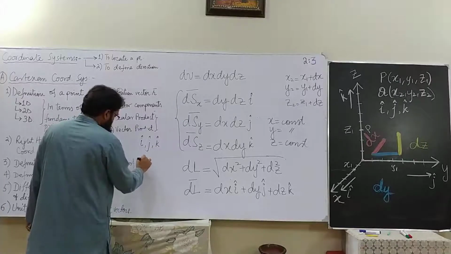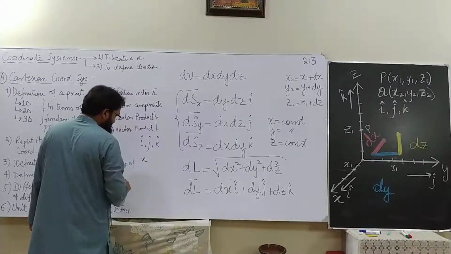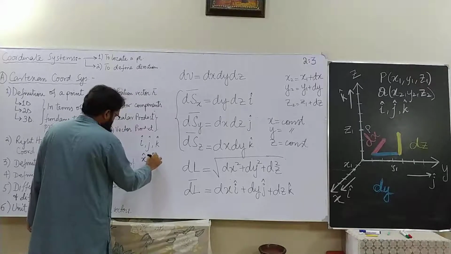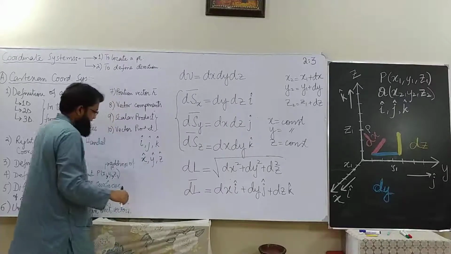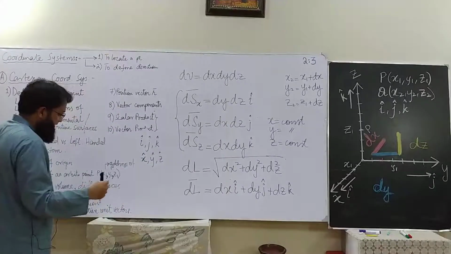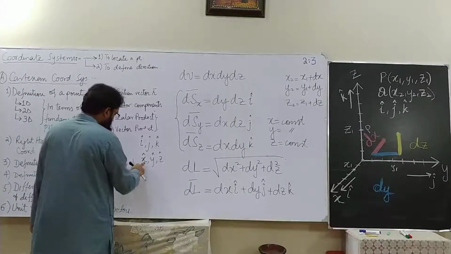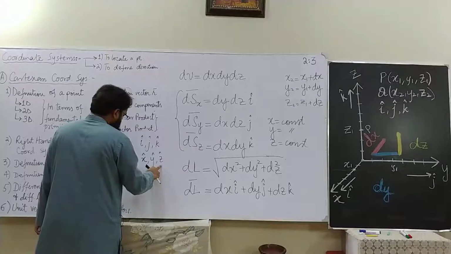There is another notation which is used in Nathan Ida: x cap, y cap, and z cap is another way of noting the set of unit vectors pointing in the direction of x, of y, and of z.